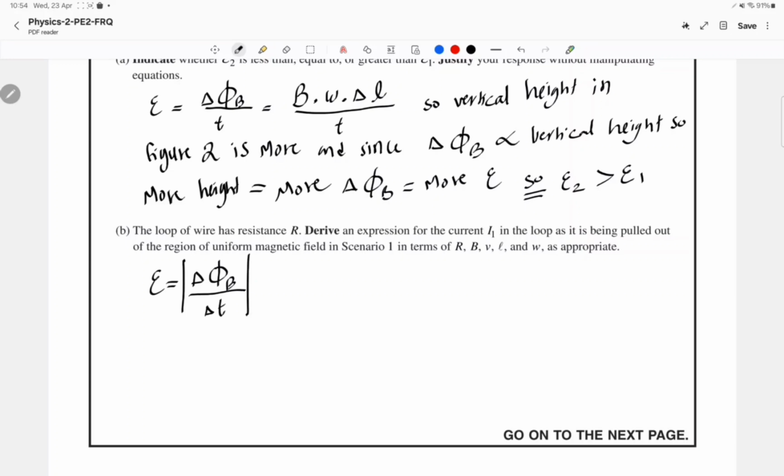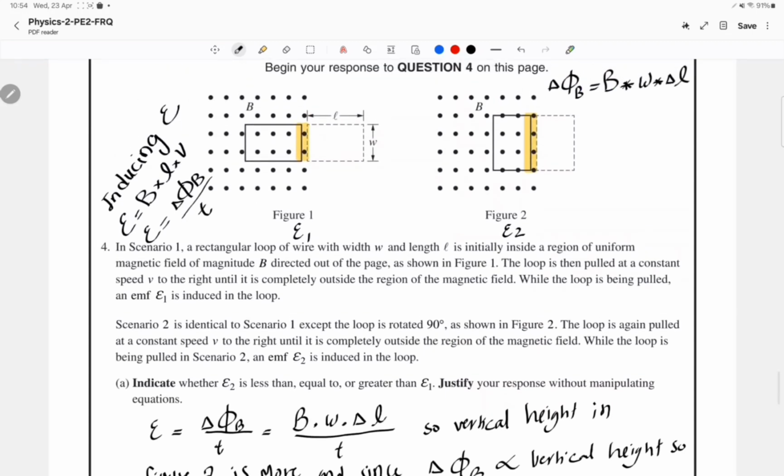So if it's decrease or increase, EMF will always be positive. Now, as we said, the width is not changing, right? But the vertical height is. So this part here is the one that is actually changing.